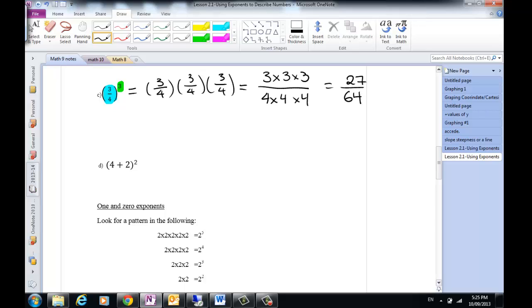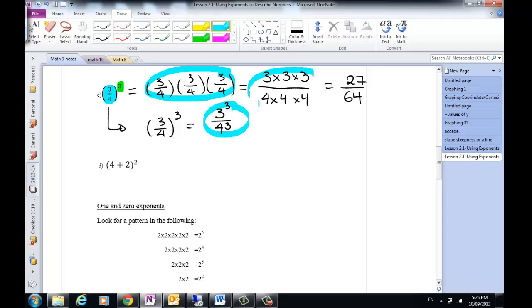Now alternatively, what I could have done is I could have taken this and written it in index notation. And this means that instead of doing the expanded version, I would have simply written it as 3 to the third over 4 to the third. Notice that these two are saying exactly the same thing. Actually, these three are all saying the exact same thing.